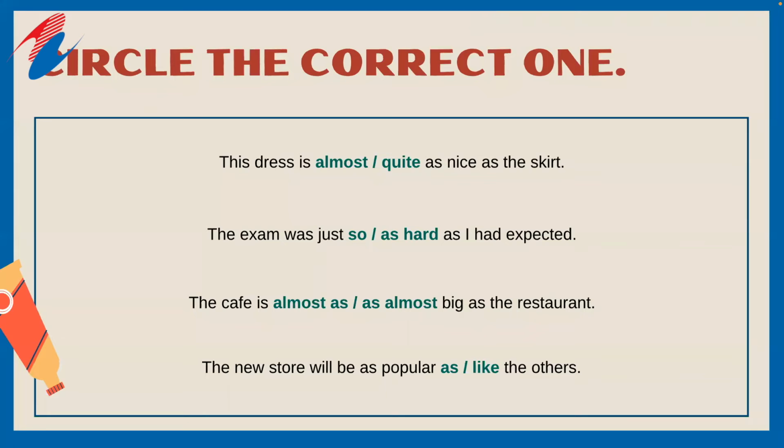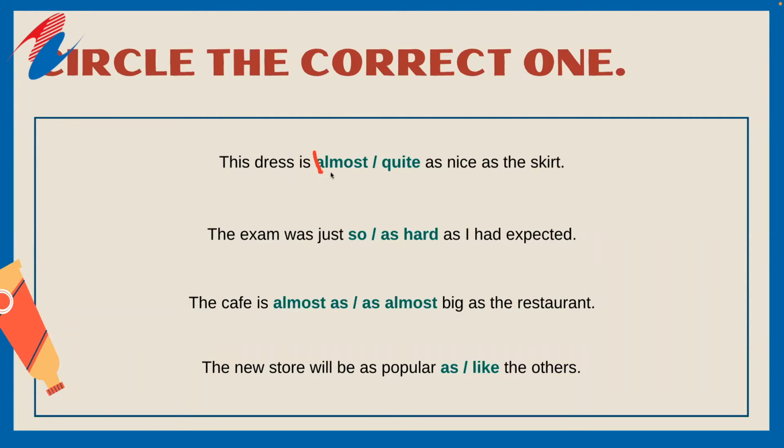So the first one, this one is going to be the dress is almost as nice as the skirt, or the dress is quite as nice as the skirt. 이 경우에는 we're gonna use almost. Okay? Almost. 잠시만요.